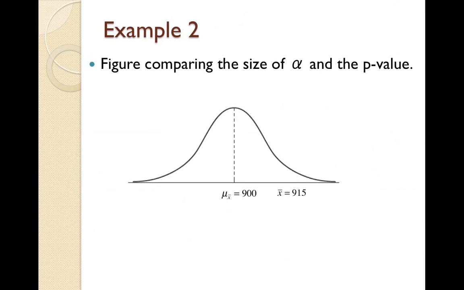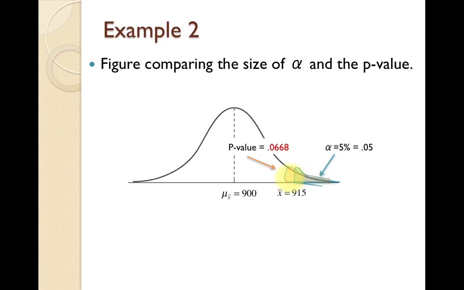So if you consider that alpha is 5%, and then you look at 0.0668, which is more than 5%, that's 6.68%. Okay, what that means here, I'm going to use my mouse.